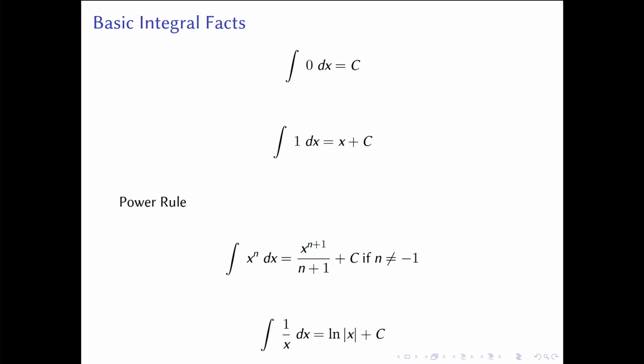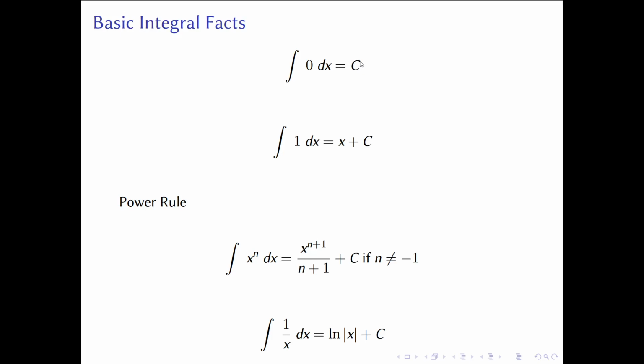All right, so next up we're going to talk about some basic integral facts, and then we are going to use these facts in the examples that I show you. So we're just going to go over all the facts, and then when I work through the examples, you'll see the facts that I'm talking about. Okay, so the first fact is that the indefinite integral of 0 is just a constant c, right?